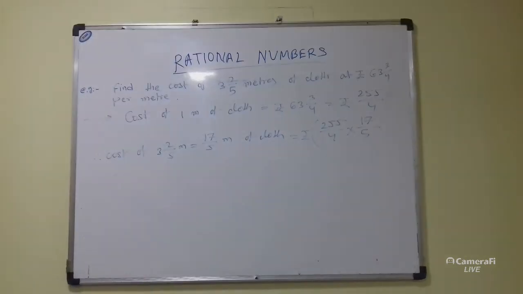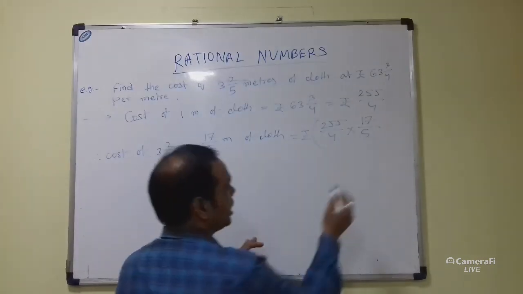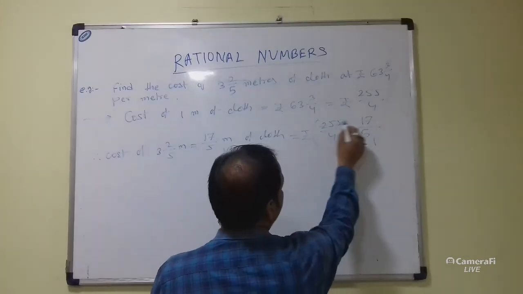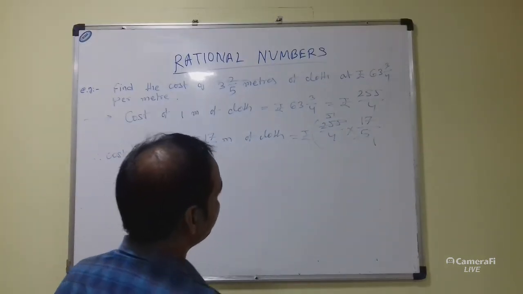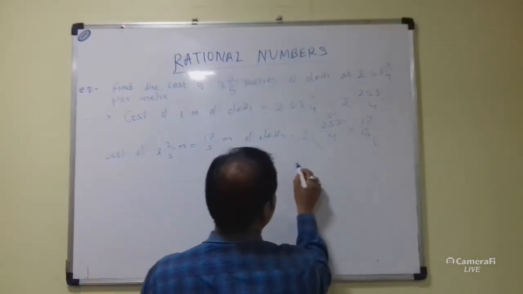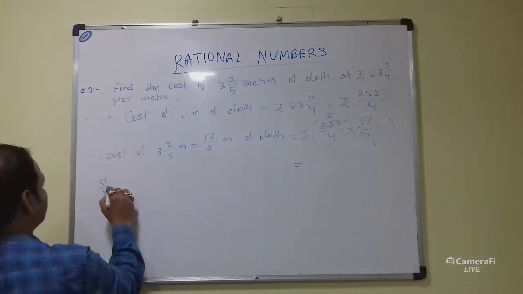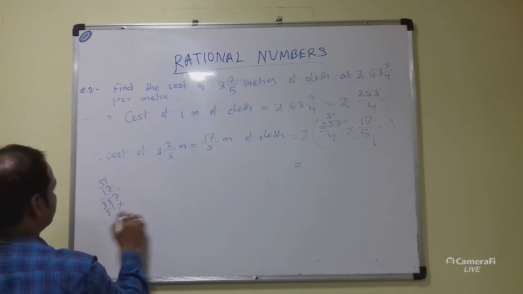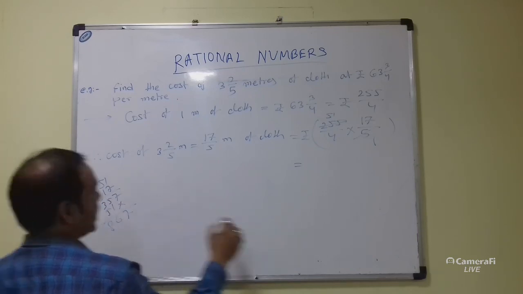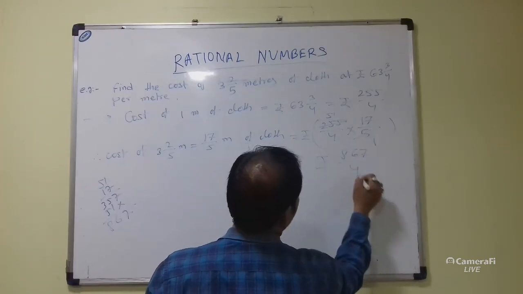Okay students, now we can divide 255 and 5 by 5. So 5 divided by 5 is 1 and it will be 51. Now no number will be cut. So 51 multiplied by 17 is 867 by 4.